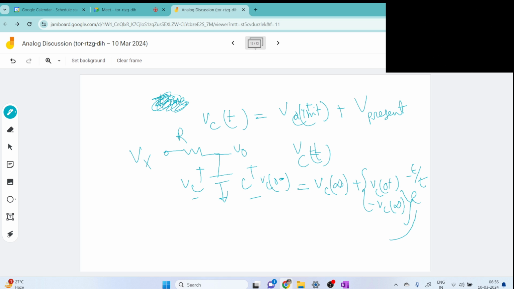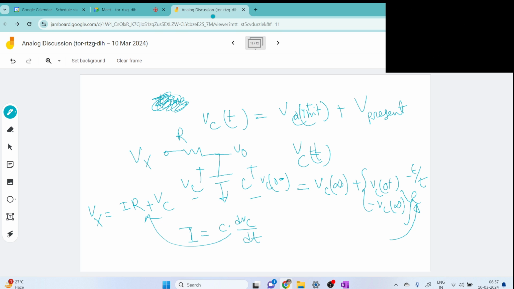Actually, how this exponential comes, you all know. We have a differential equation, because we know that I is nothing but C dVC by dt. And if we write KVL, Vx will be nothing but I R plus VC. Now if we replace I with this, you will get a differential equation.